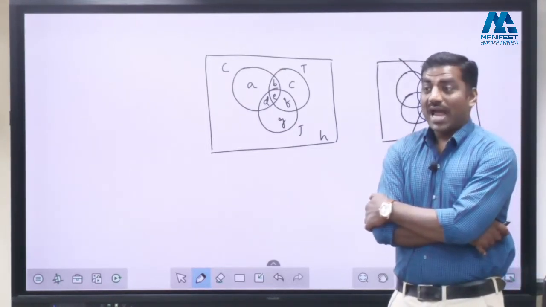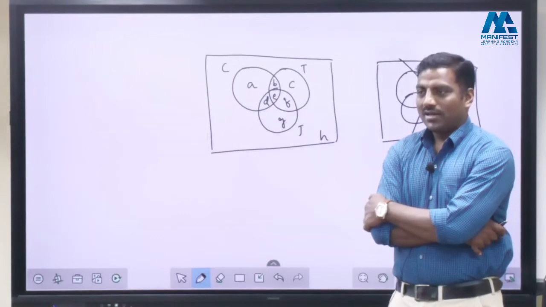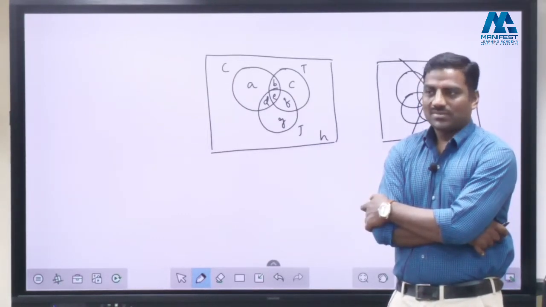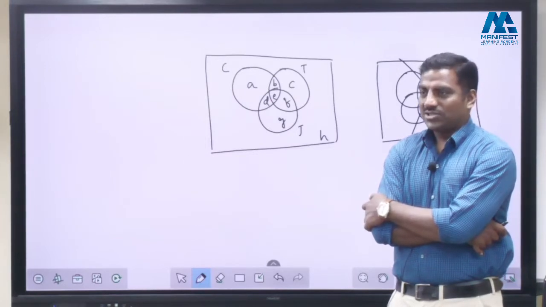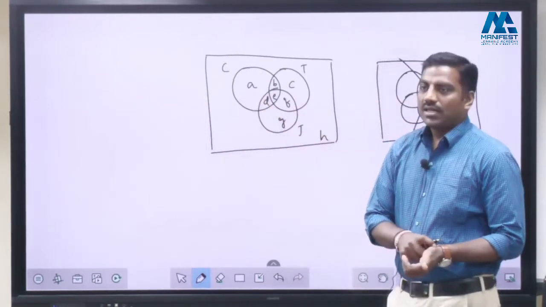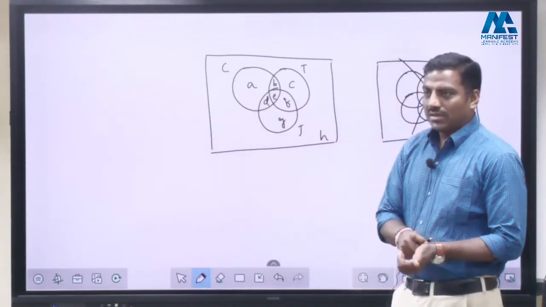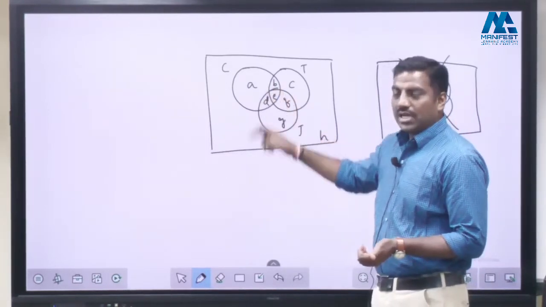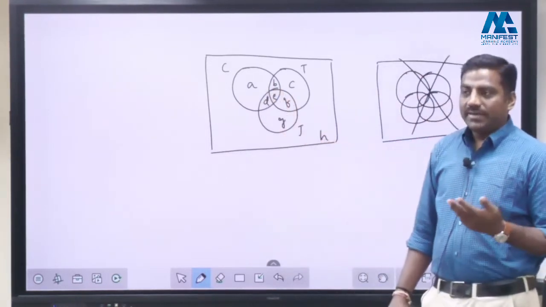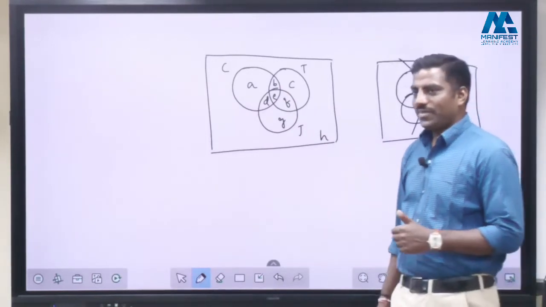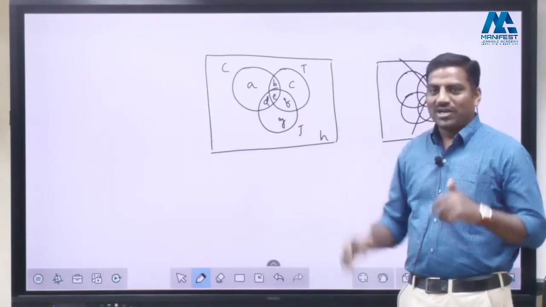At least 1, except H. At least two, these four fellows. And at least three, only E. Done? Now, this is the second level of difficult question.